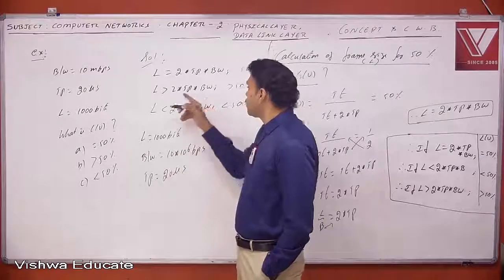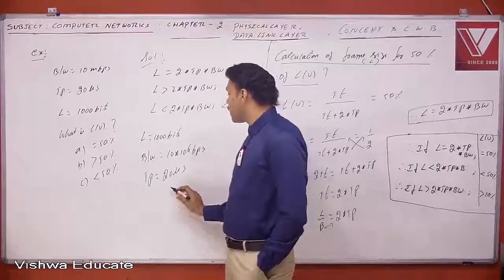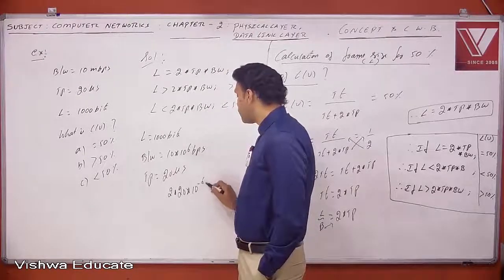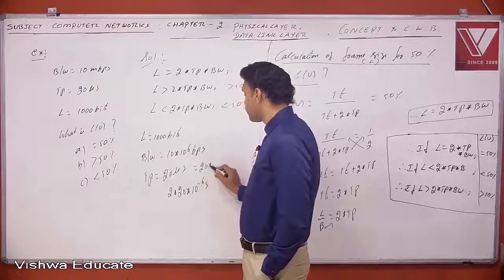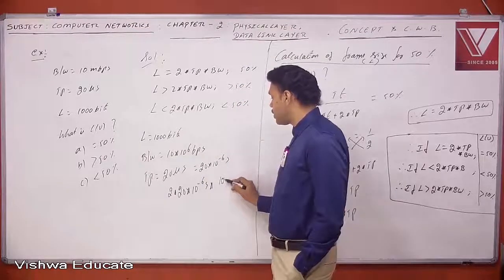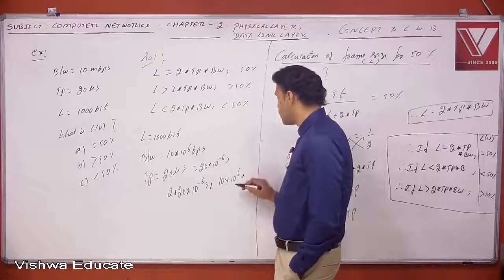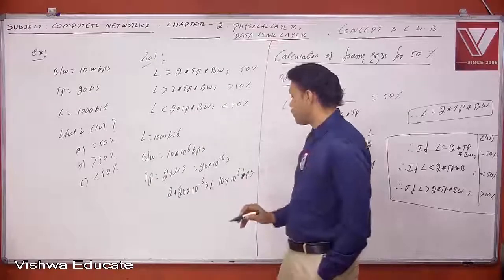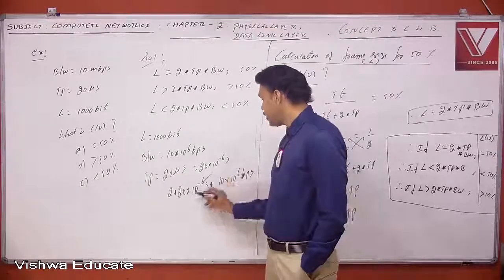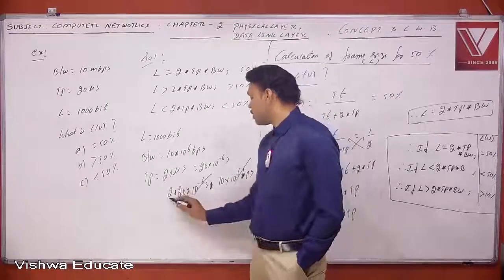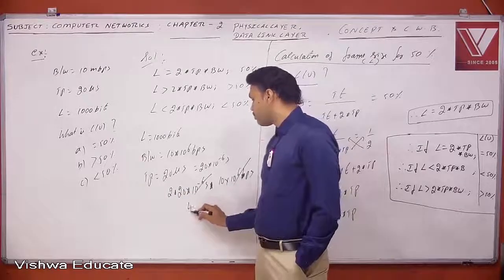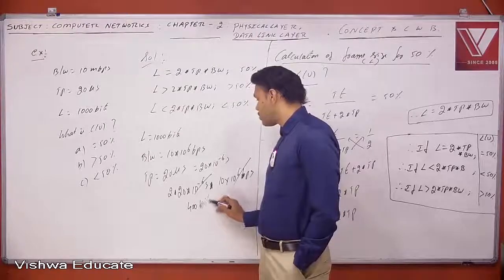So 2 into TP into bandwidth we want to calculate. 2 into 20 into 10 power minus 6 into bandwidth 10 into 10 raised to 6 bps. So therefore this and this will be cancelled. 2 twos are 40, 40 into 10, 400 bits.